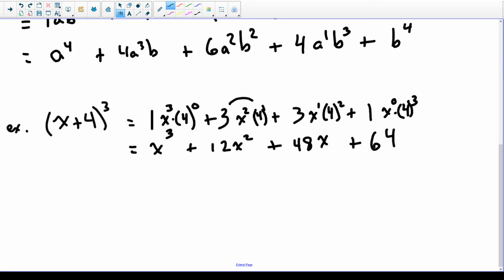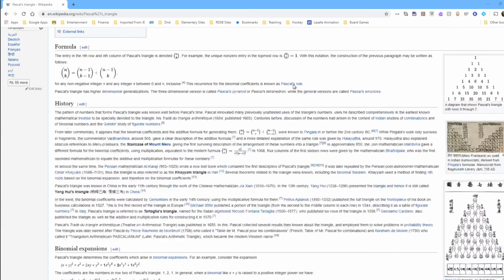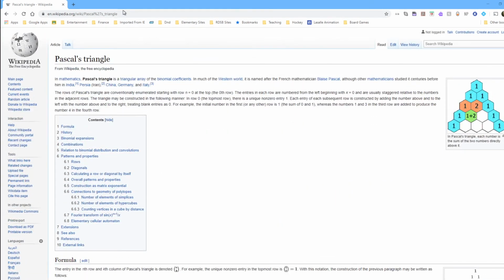So just to show you a little bit of history, if you look up Pascal's triangle, I actually just went to Wikipedia. Now, I know Wikipedia is not considered to be a fantastic site to be citing, but it's getting better because people can go in there and actually say, no, this is not true and change it.